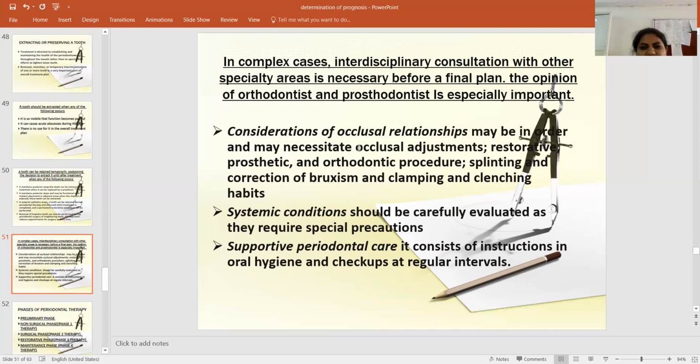Systemic conditions should be carefully evaluated as they require special precautions. Supportive periodontal care consists of instructions in oral hygiene and checkups at regular intervals. Occlusal relationship consideration is very important because in the treatment plan you may require occlusal adjustment, you need to correct the bruxism, you need to correct the orthodontic problems and all the habits, and you need to control the systemic conditions also.